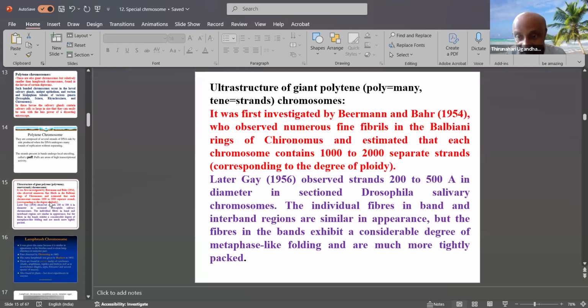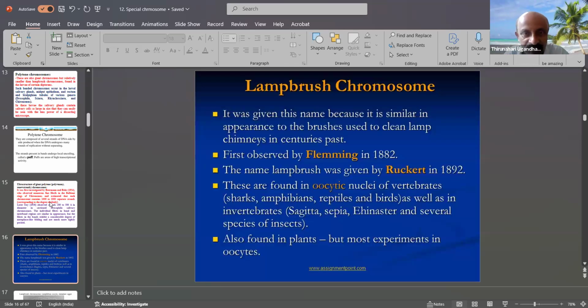The individual fibers in band and interband regions are similar in appearance, so the fibers in bands exhibit a considerable degree of metaphase-like folding, as during mitotic cell division, and are a much more tightly packed structure. This was first observed by Flemming in 1882.